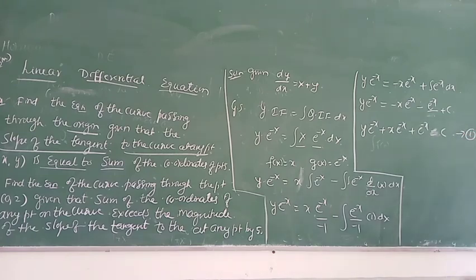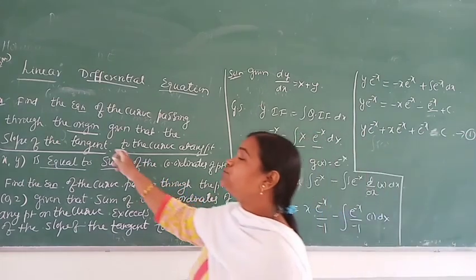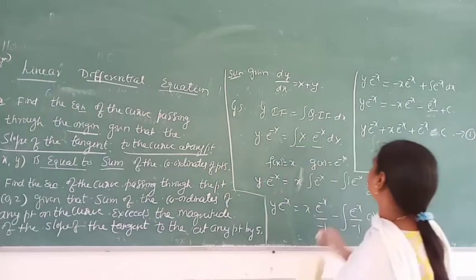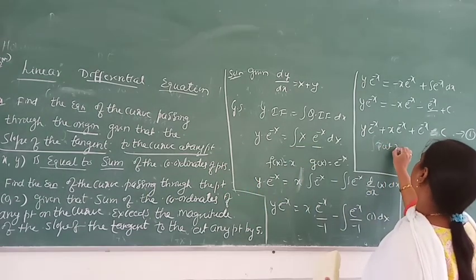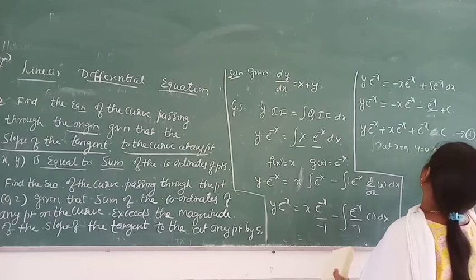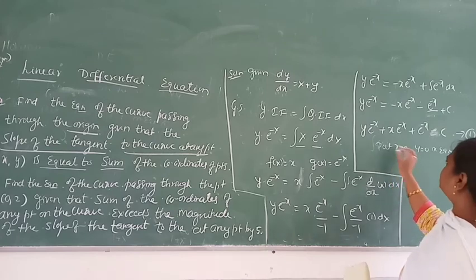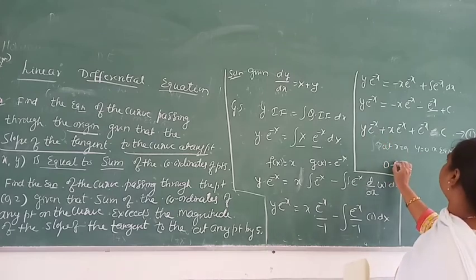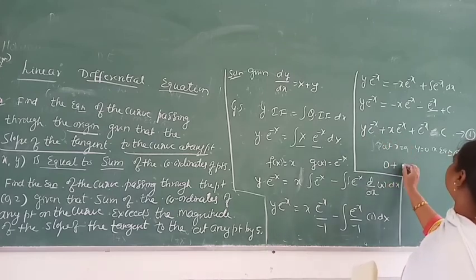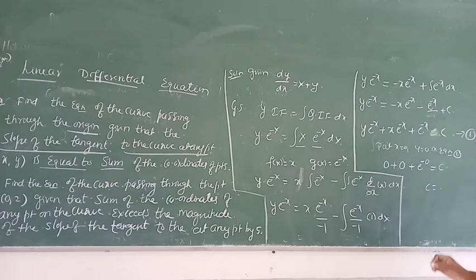This is the general solution. But we have mentioned already that this general solution curve is passing through the origin. Passing through the origin means put x equal to 0, y equal to 0 in equation 1 so that you can get the particular solution. Then y times 0 is 0, plus x times 0 is 0, and e to the power minus 0 is 1, since anything raised to 0 means 1, so c equals 1.